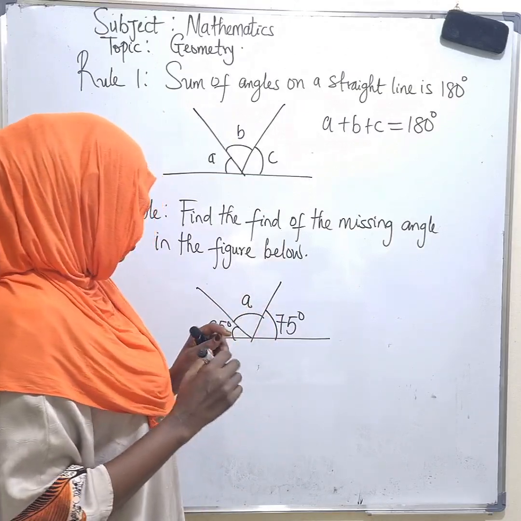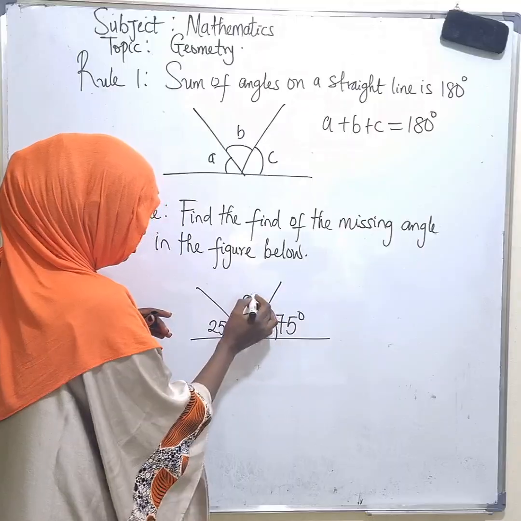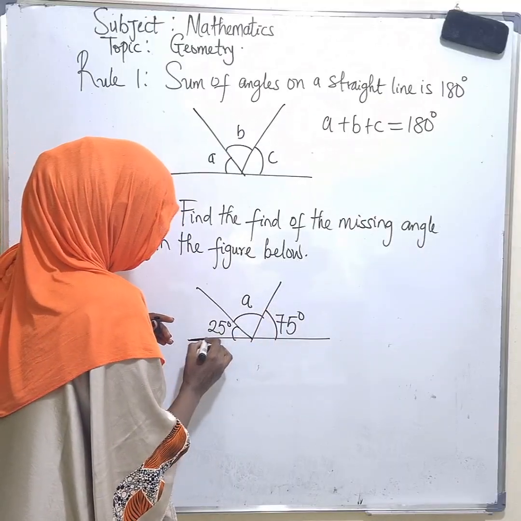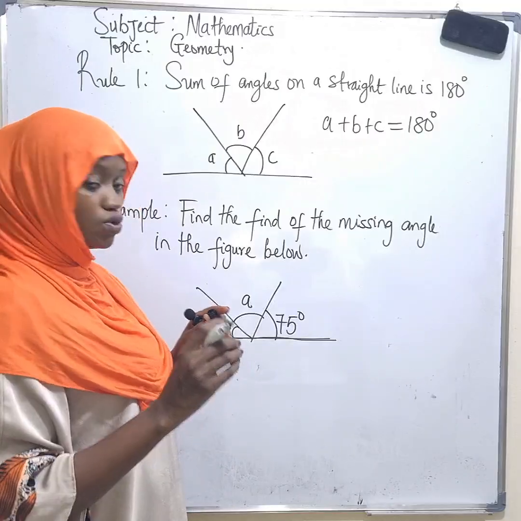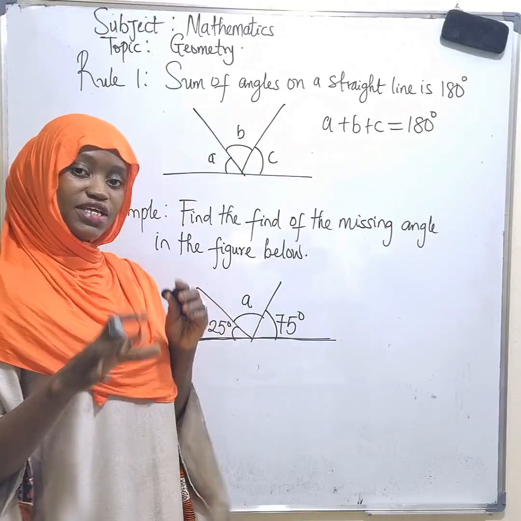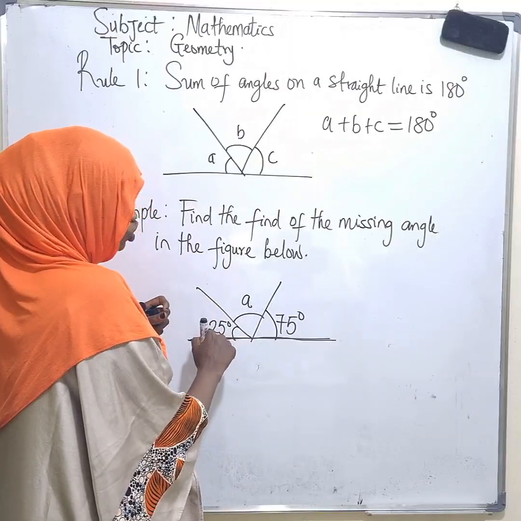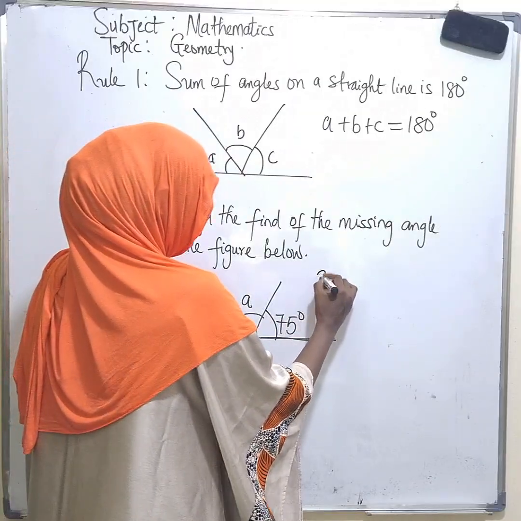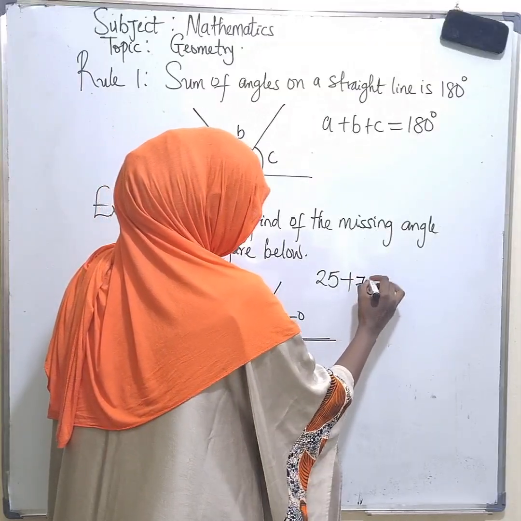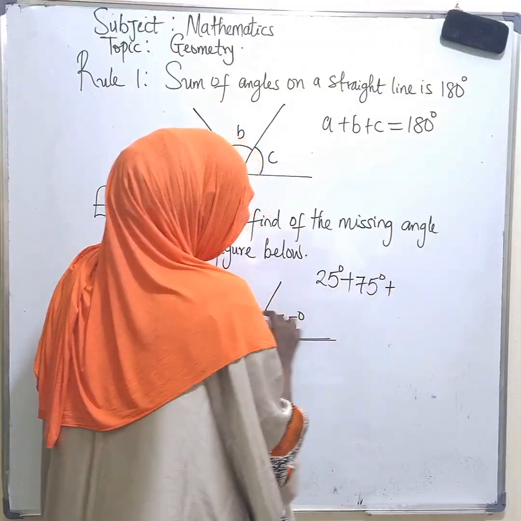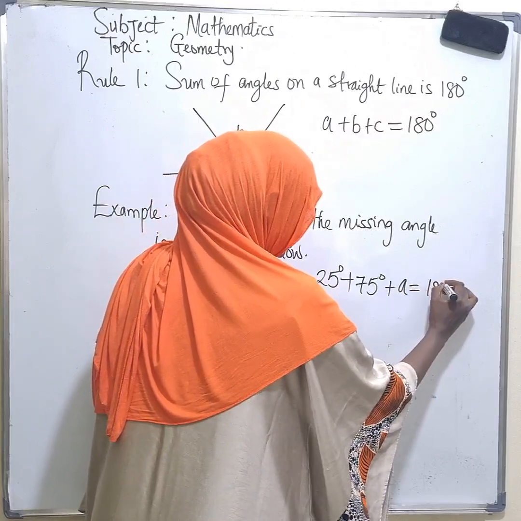So to solve this, you can see all of these angles, the first angle here, the second one, and the third one, are all on this straight line, right? So this is what guides us to know which rule is applicable to a particular question given. So what we do here is we sum up all the three angles, which is 25 plus the other angle, which is 75 degrees, plus the unknown angle, which is A, and we sum this to be equal to 180.